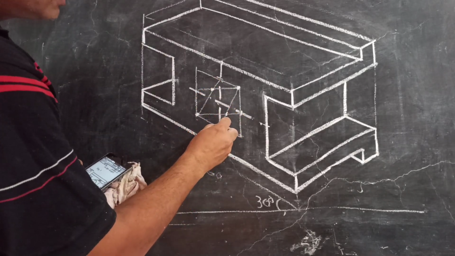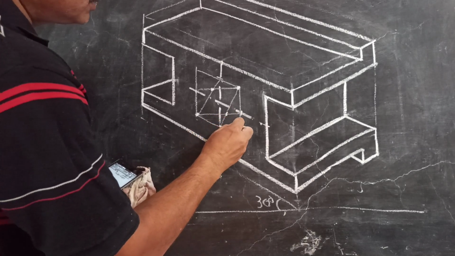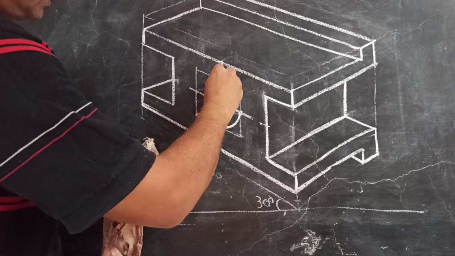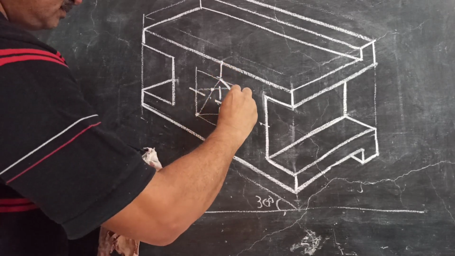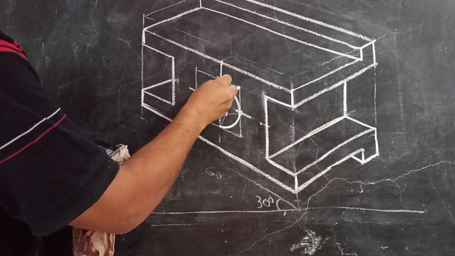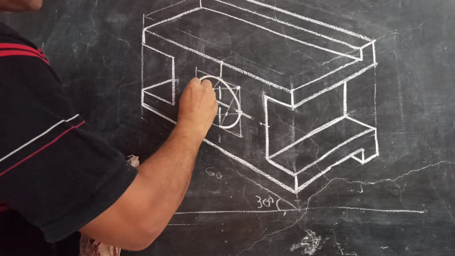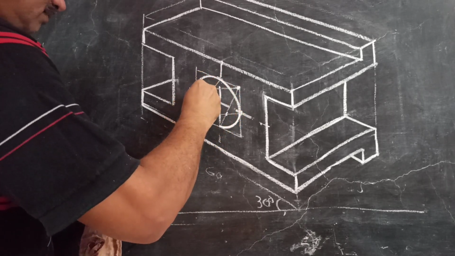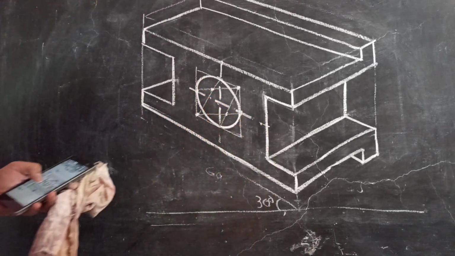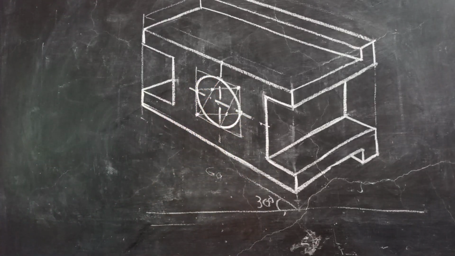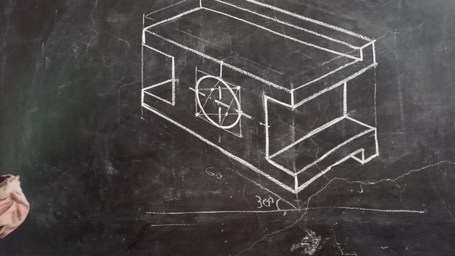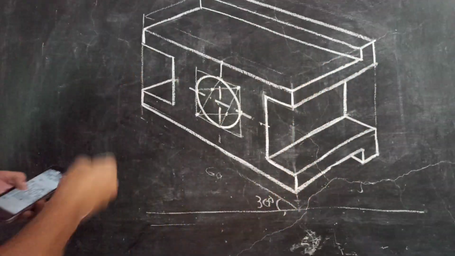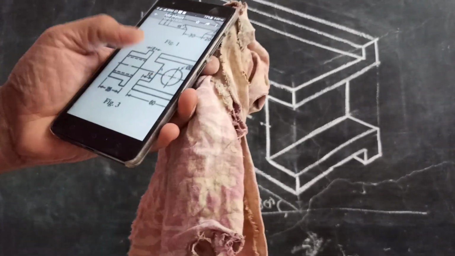Take this as center, this much as radius, and draw from here to here. Take this as center, this much as radius. You can draw this. Take this as center, this much as radius. You can complete this circle like this. So this is the solution drawn for problem number 3, this one.